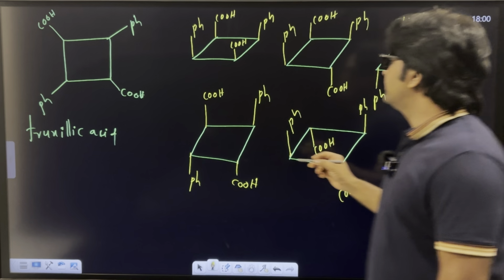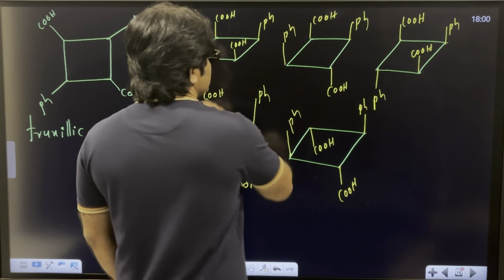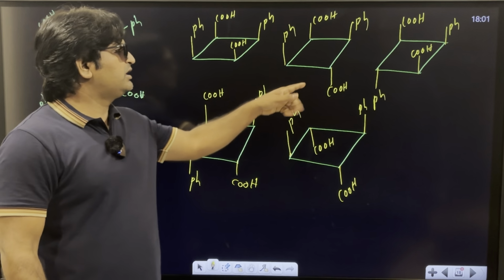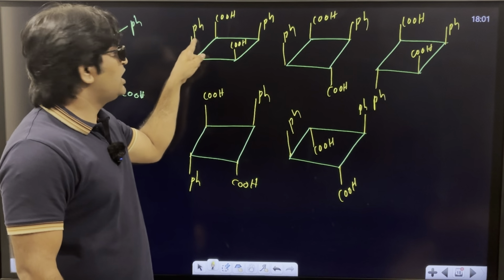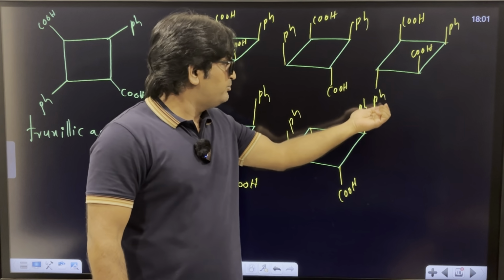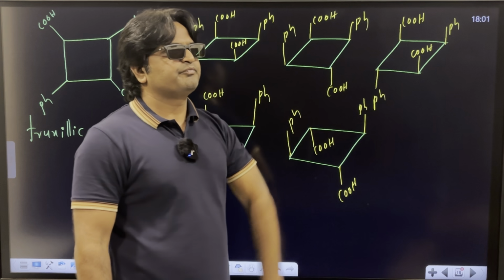In the second one, I am trying to keep the carboxylic acid below. But from the second molecule to write the third molecule, I am taking the option from phenyl. Phenyl below, remaining all are above.